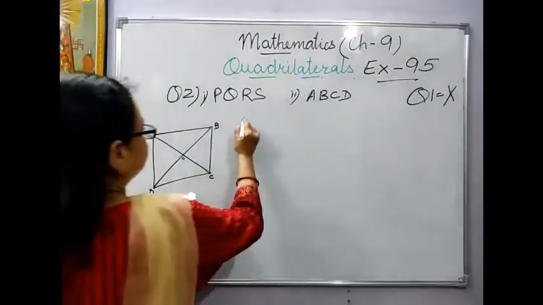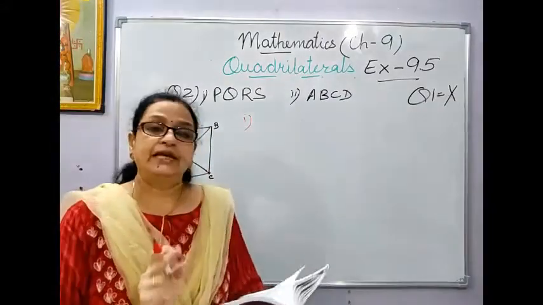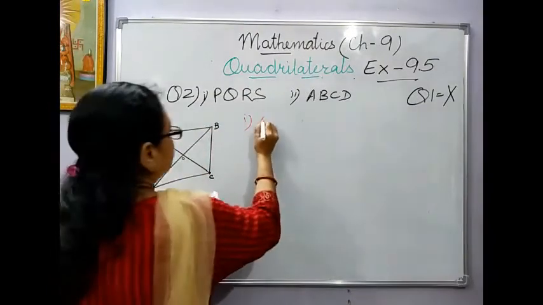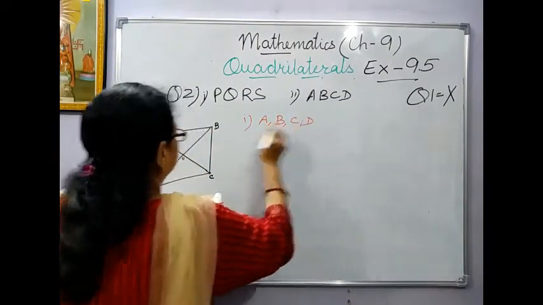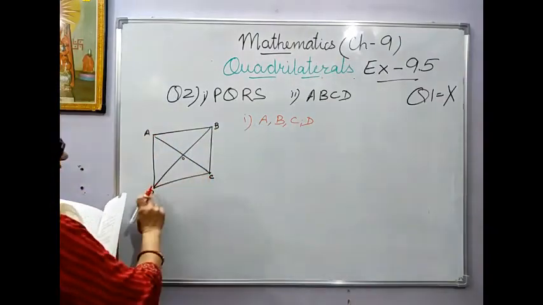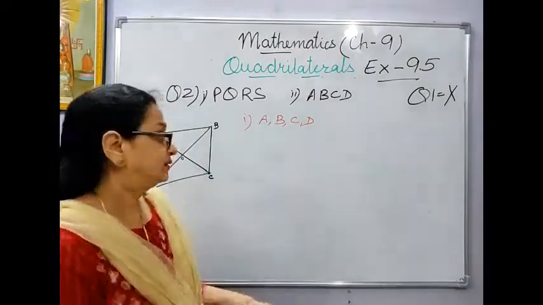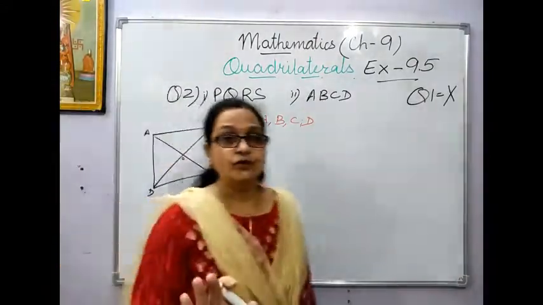Now they have asked for all the vertices. The vertices are the points where these line segments are meeting. So these are the vertices: A, B, C, D. Then all the sides. A quadrilateral is made up of 4 sides, you know that.